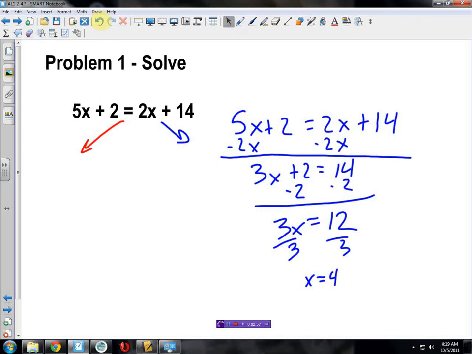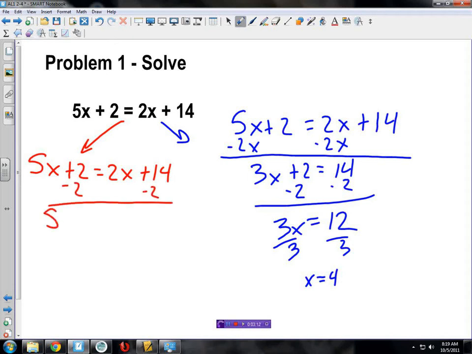Okay. Let's go over here to Haley's way, which she wanted to minus 2 first, right? Minus 2, minus 2. 5x is equal to 2x plus 12. Then what does she need to do?